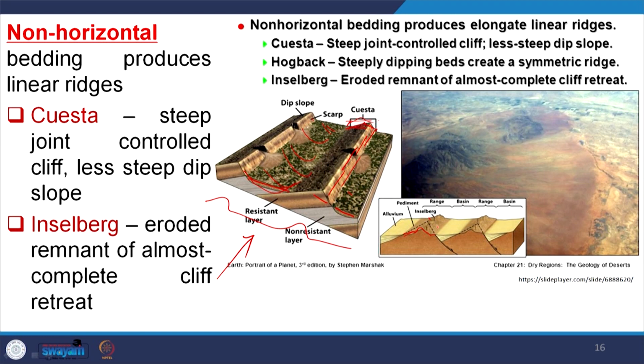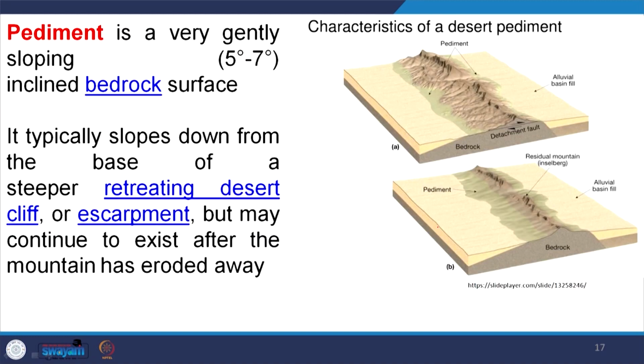Finally, we get a reduced form, and this is called an inselberg. So, an inselberg is the eroded remnant of almost complete cliff retreat, and a hogback is steeply dipping beds creating a symmetric ridge, while a cuesta has a steep joint-controlled cliff and a less steep dip slope. These are the definitions of these structures. Then the pediment: again and again we allow material to be removed, and finally we create pediments.